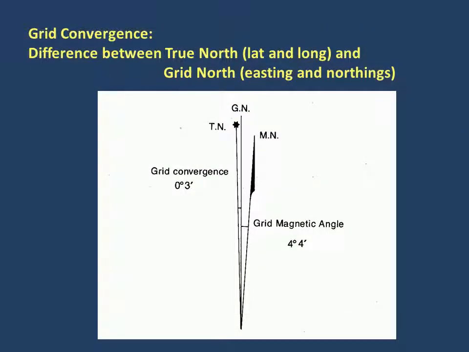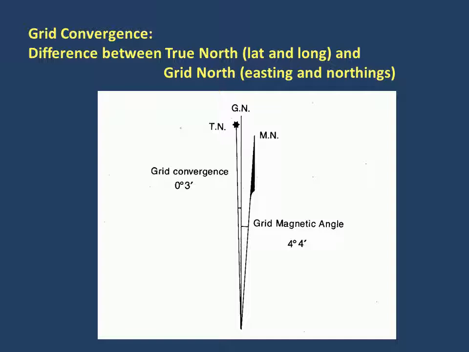So if we look at it now, we can see there's actually a convergence between the two types of north. Grid north, or GN, is shown on this diagram, and true north, or TN, is shown on this diagram. Remember, true north is based upon the graticule, latitude and longitude, and grid north is based upon eastings and northings, the grid applied to a certain area.